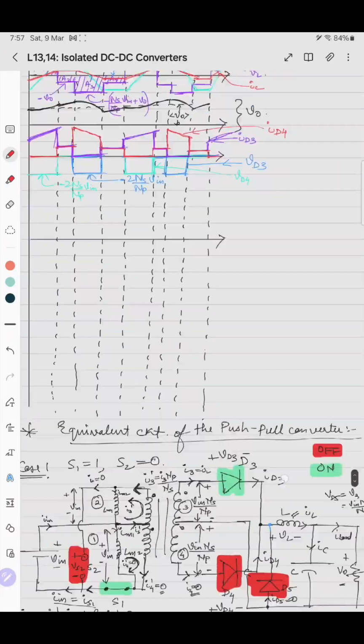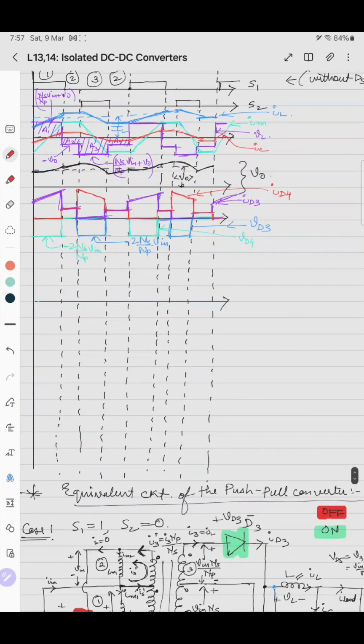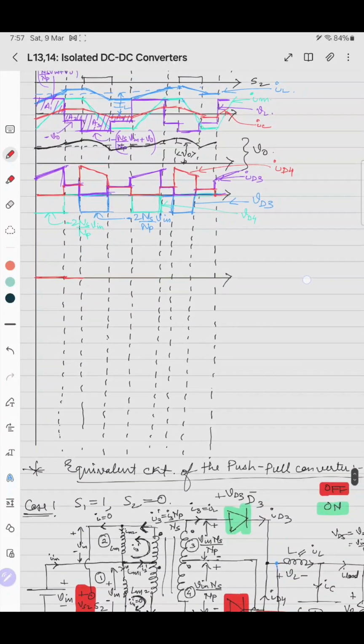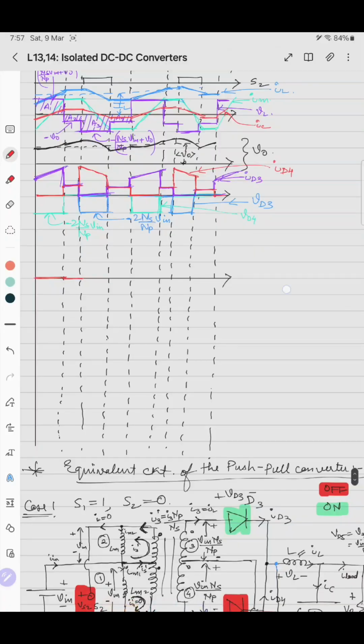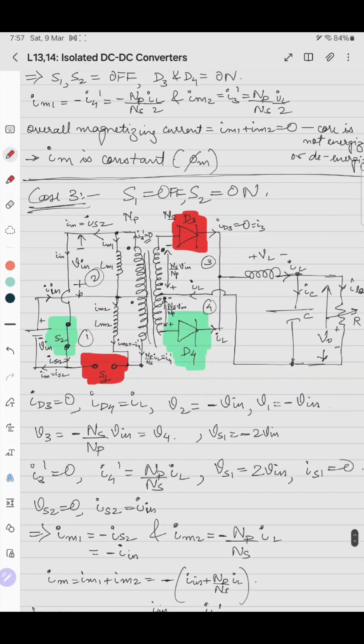Case 1 0, case 2 0, and I think it should be minus 2 V in because it's a switch, yes, because this is plus of the switch.